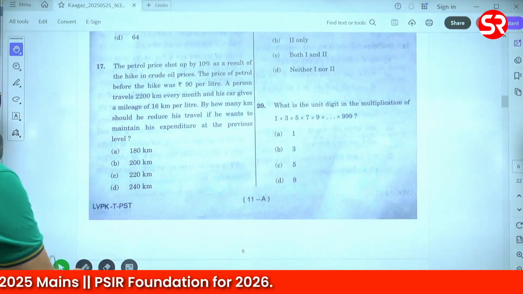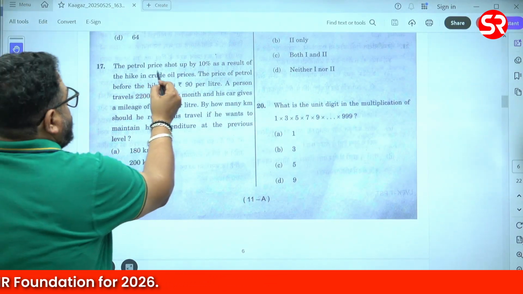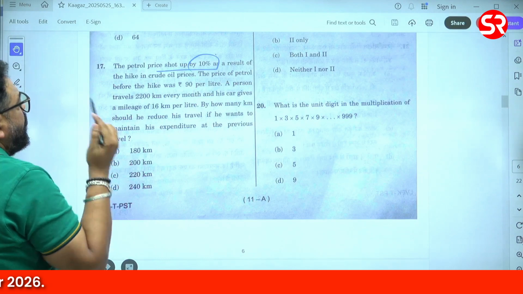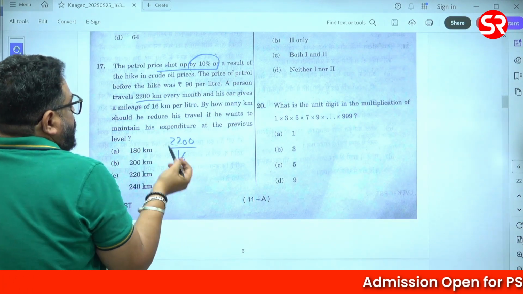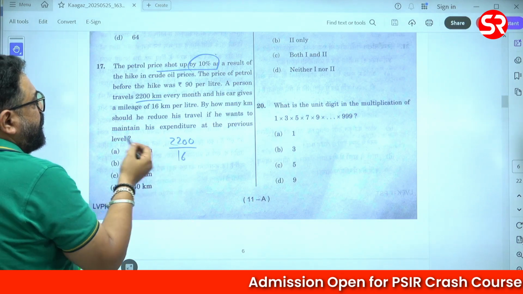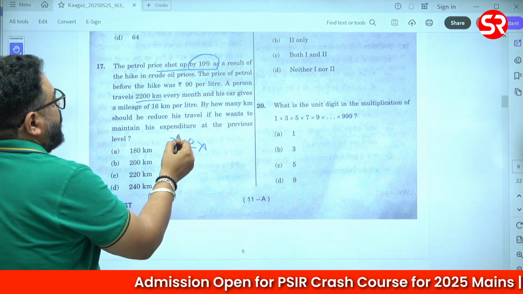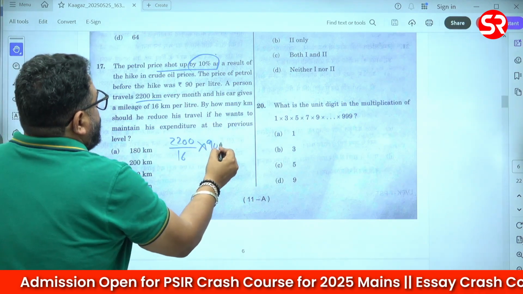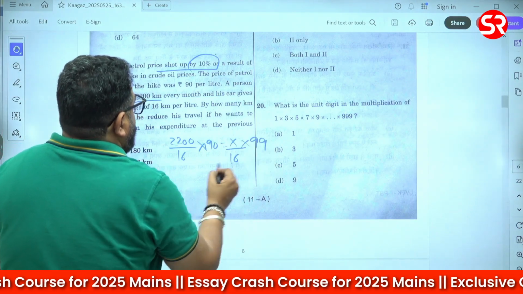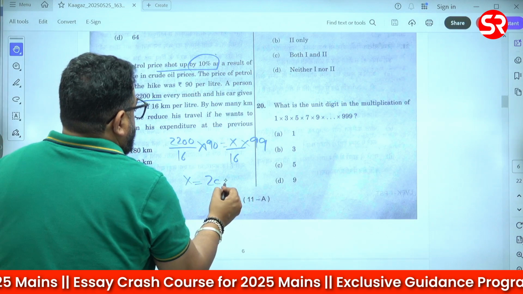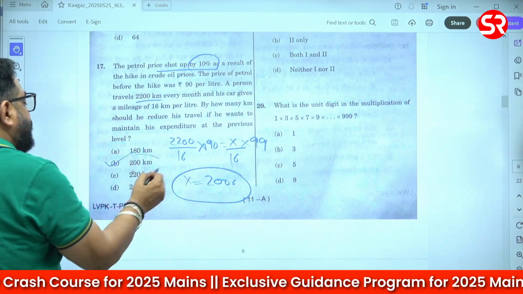Okay, the price of petrol shot up by 10%. All right. तो 2200 किलोमीटर चल रहा था, माइलेज था 16 का, तो इतना प्राइस पे कर रहा था, 2200 बटे 16, राइट? This was the price into 90 per litre. Now he is driving x, mileage is same, rate is 99, so x comes out to be 2000, right? So 200 less.